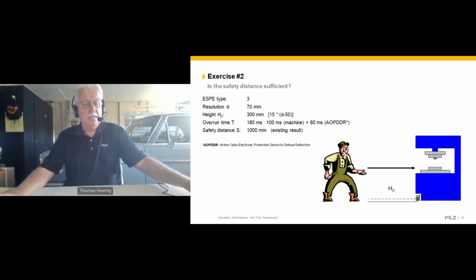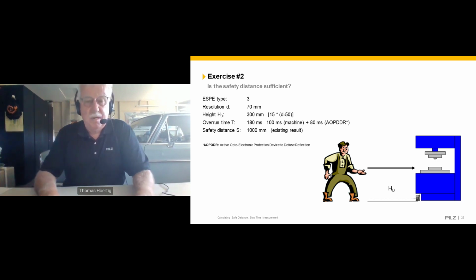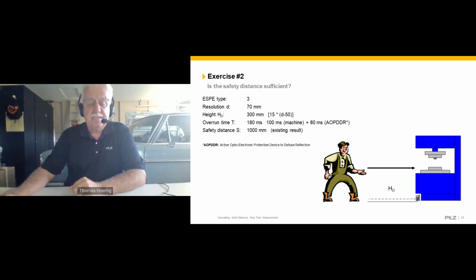Okay, now we're looking at an exercise on a laser scanner. It's an ESPE type 3, and we have a resolution of 70 millimeters. That's given. Then we calculated the height of 300 millimeters. That came from the formula 15 times (d minus 50), where d is 70.